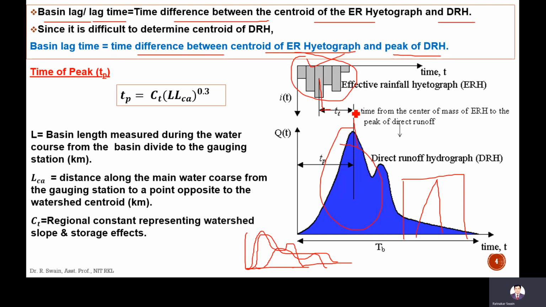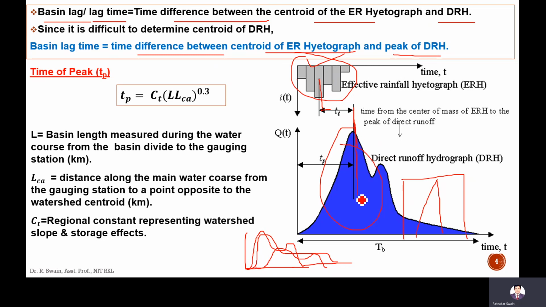The centroid of the ER hydrograph can be determined easily because it is a rectangular bar chart, so there is no difficulty. But in the hydrograph, the centroid is difficult to determine. That's why the peak is considered as the centroid.